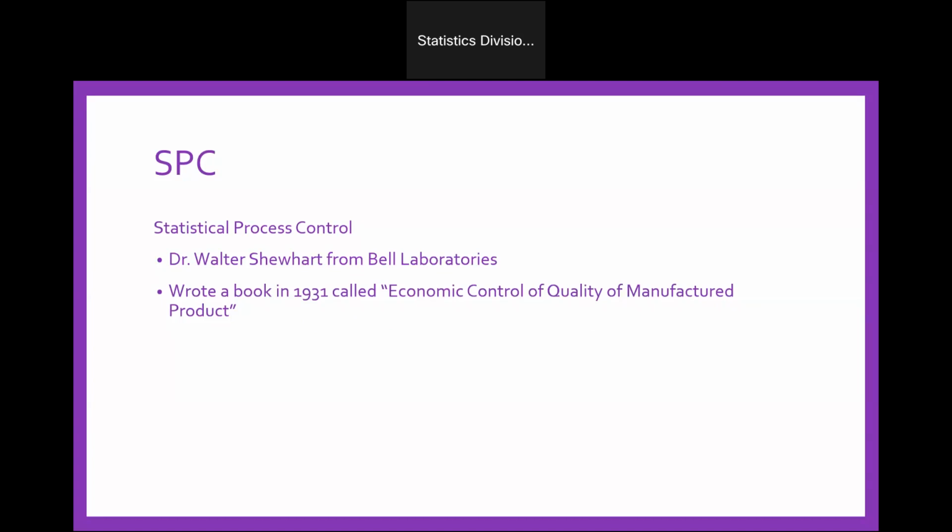But anyway, he wrote a book in 1931 called Economic Control of Quality of Manufactured Product, but it's really all about control charts, SPC. And that's where everybody started talking about it, and we're still talking about it today. It was a very good book.